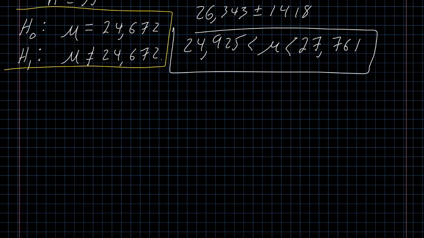We claim that with 99% confidence, mu is somewhere between 24,925 and 27,761. 24,672 is not in this interval.